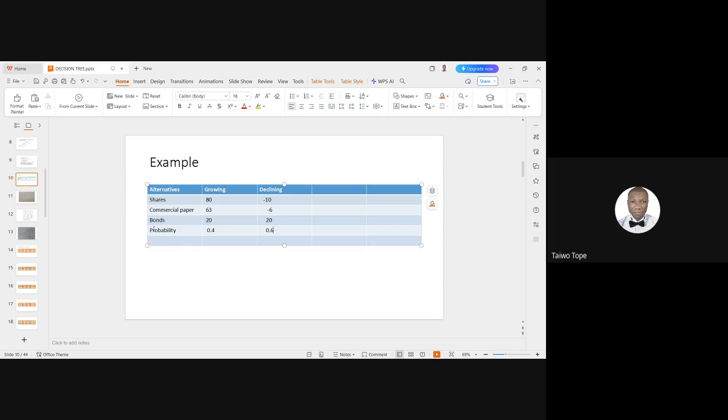Now, looking at this table, you are faced with 3 options. You want to make a decision, either to invest in shares, commercial paper, or bonds. What do you think we are going to do?